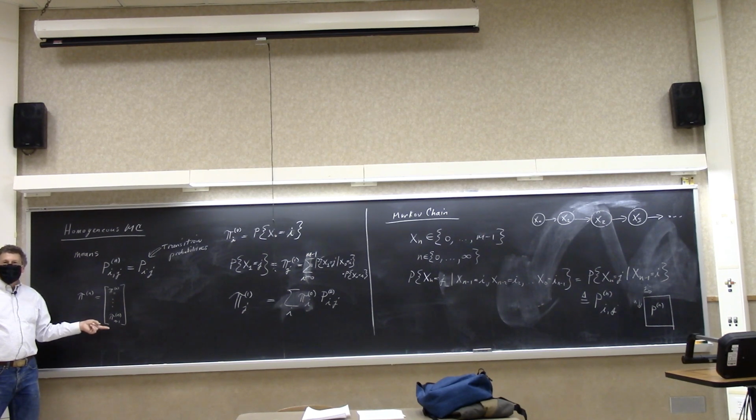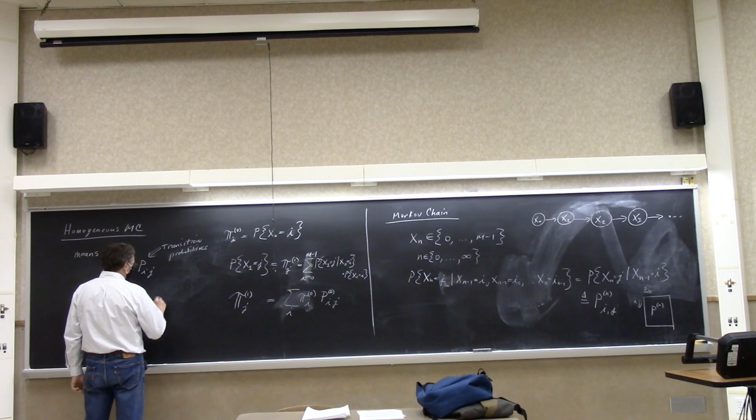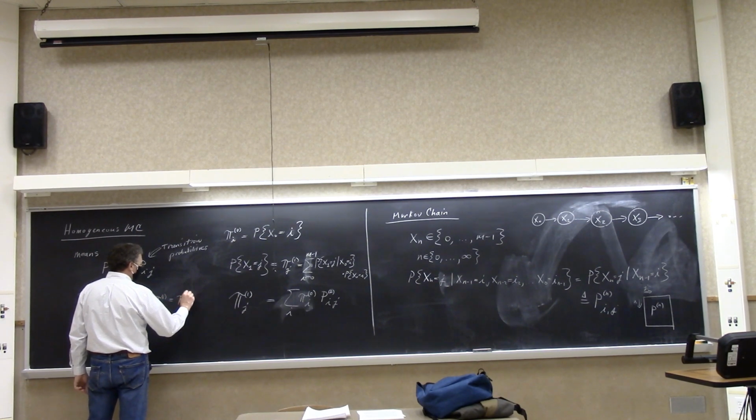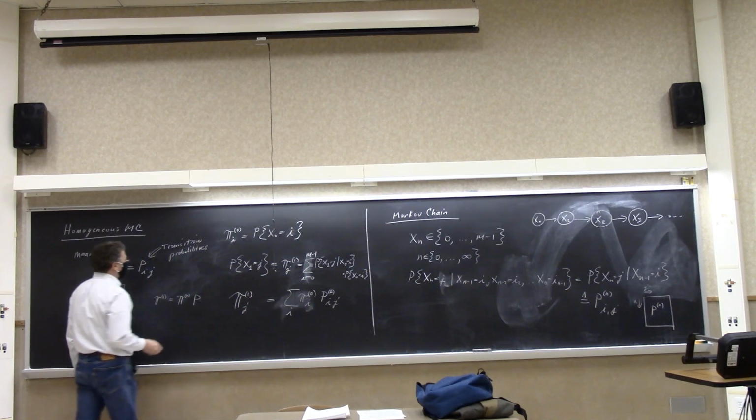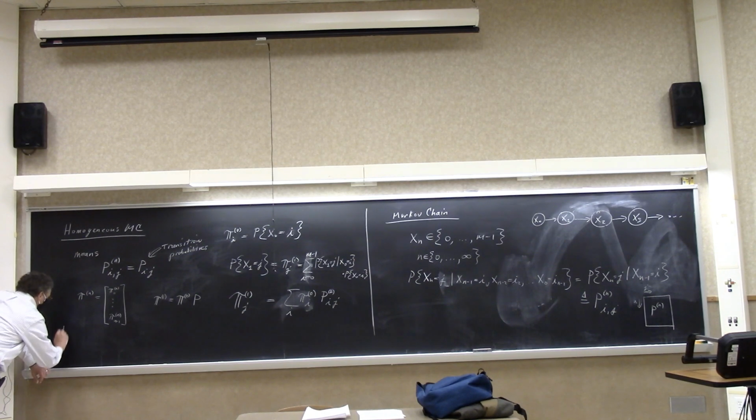Okay. So then what happens is that pi 1 is equal to pi 0 times P. What's P? Oh, P, I'll write it here, it's a little sloppy. P is P_ij, the matrix, right?